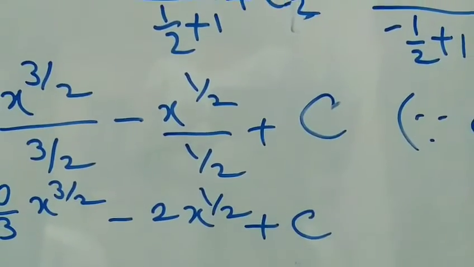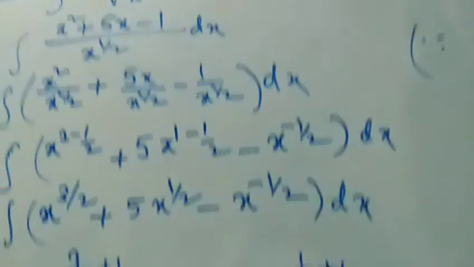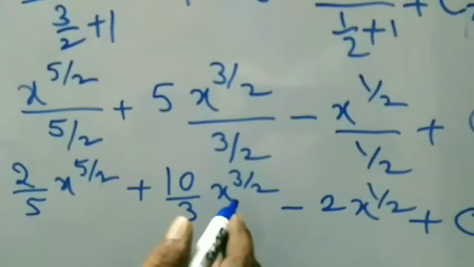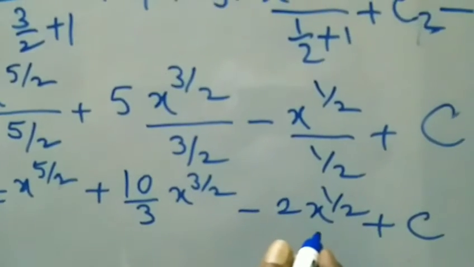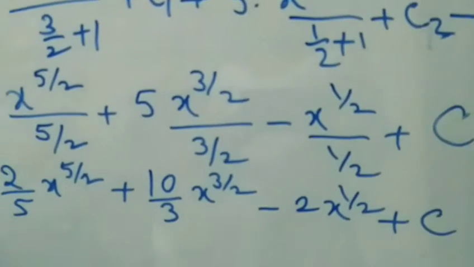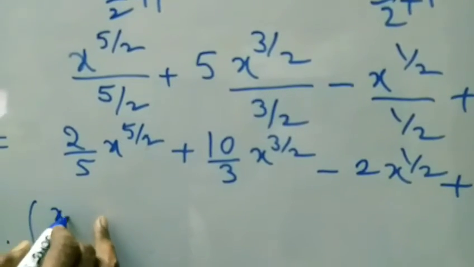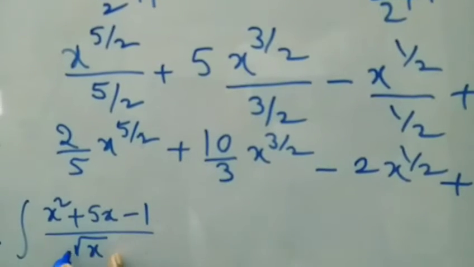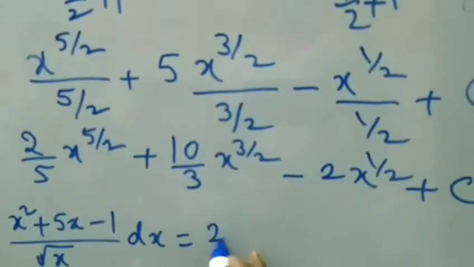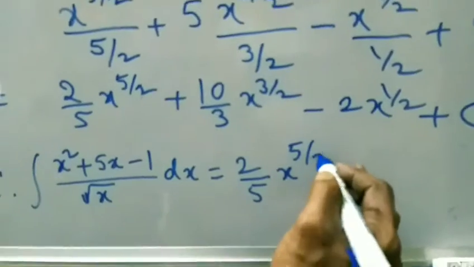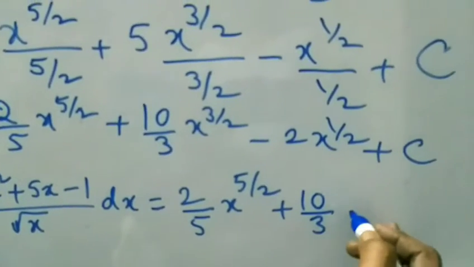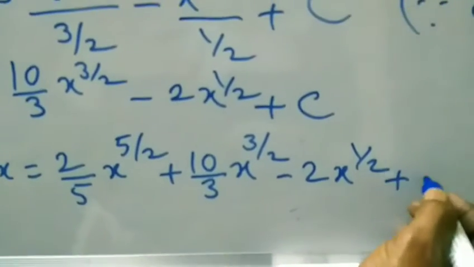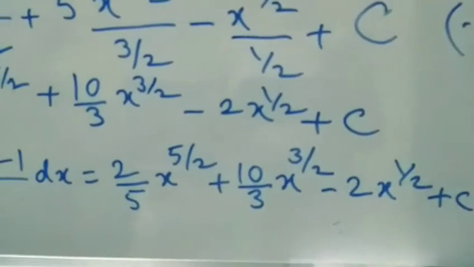Therefore the integral of x square plus 5x minus 1 by square root x dx is equal to 2/5 x to the power of 5/2 plus 10/3 into x to the power of 3/2 minus 2 into x to the power of 1/2 plus c. This is the required answer.